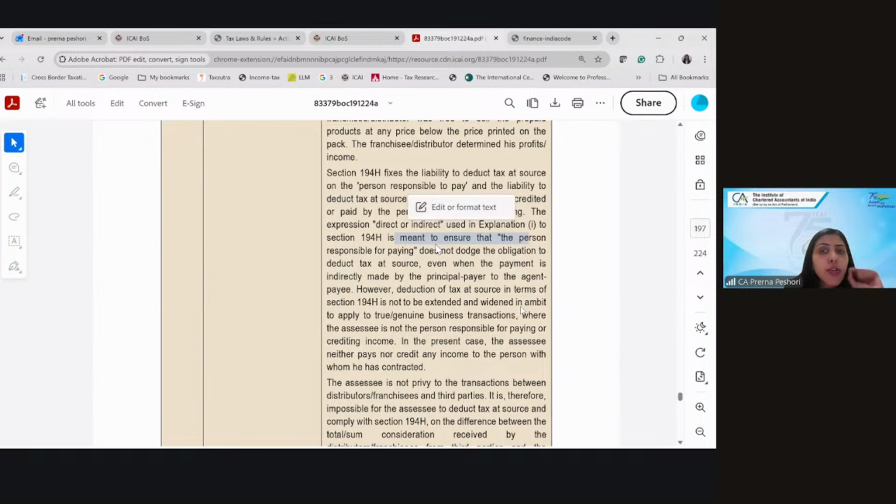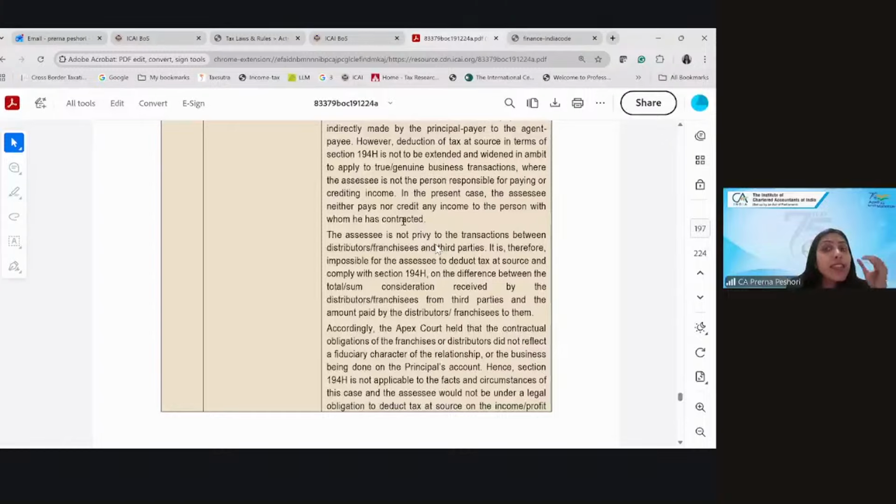But here, if you look at it, the assessee is not actually paying the commission. He is selling it at a discounted price. Airtel is selling at a discounted price to the retailers. Retailers then can sell at any price to the customer. So, the assessee is not paying any commission per se. The assessee does not even know at what price the retailer will sell to the customer. So how can he deduct the TDS?